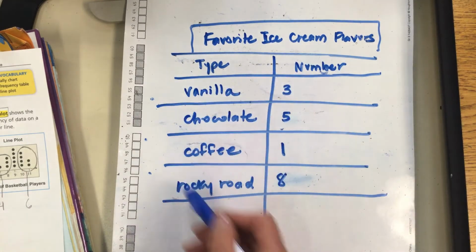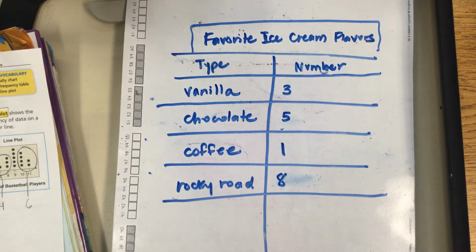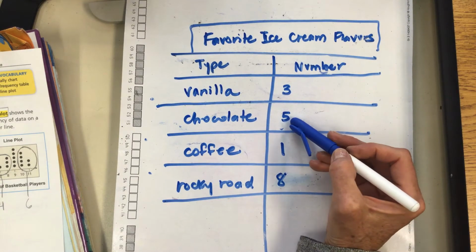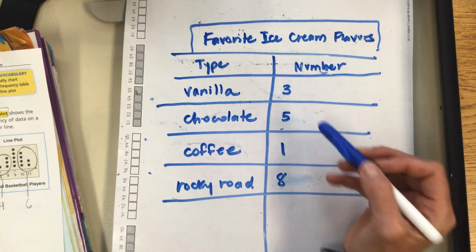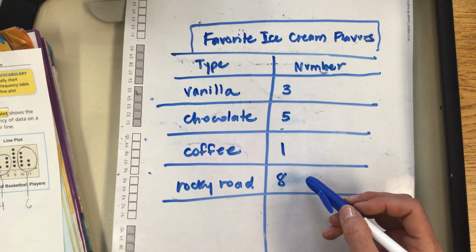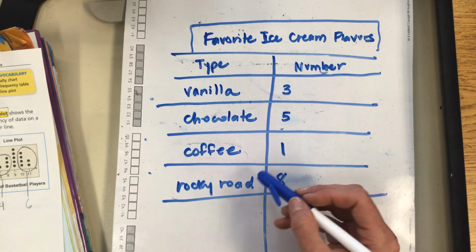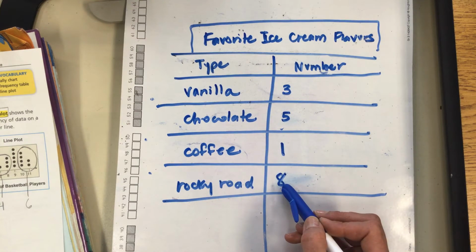With the data, I can come up with some questions and answers. I might say, how many more kids chose chocolate than vanilla? That would be 5 minus 3. Or, which ice cream is the most popular, the favorite? I would know that Rocky Road is.